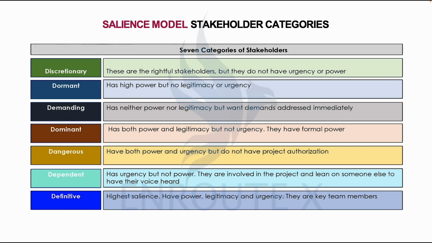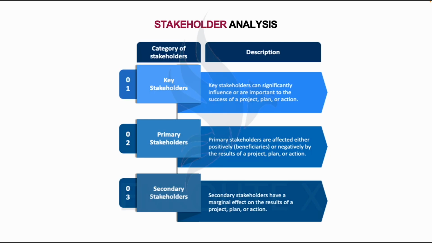So that's another view we could look at it. Let's take another view, which will be the last view of the stakeholders. This is another category. They are all the same, but from different angles, different theories, different school of thoughts.